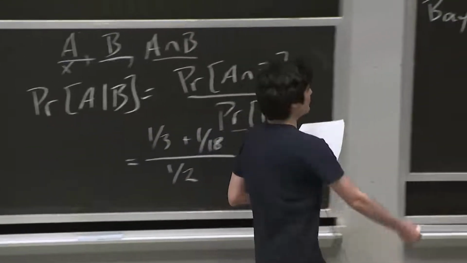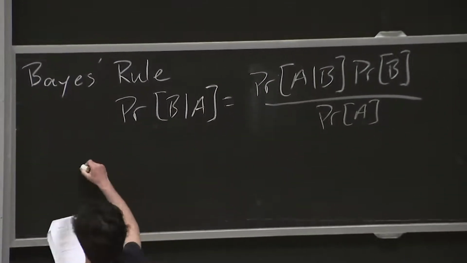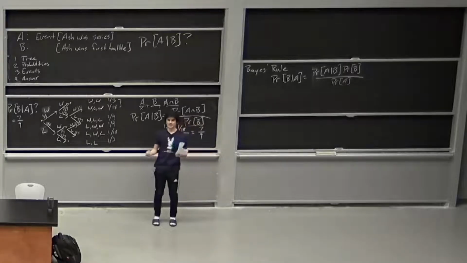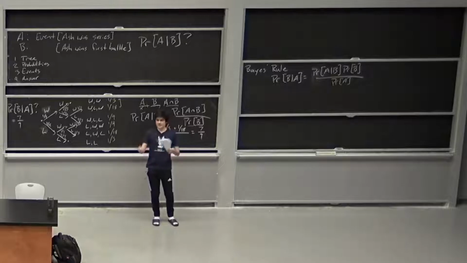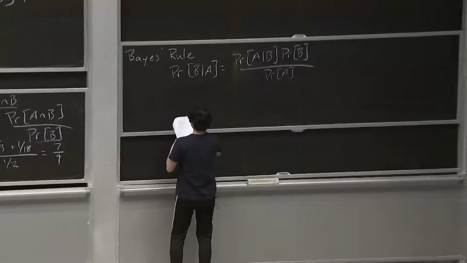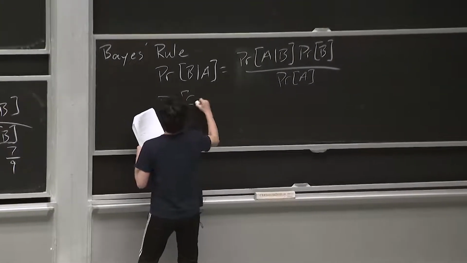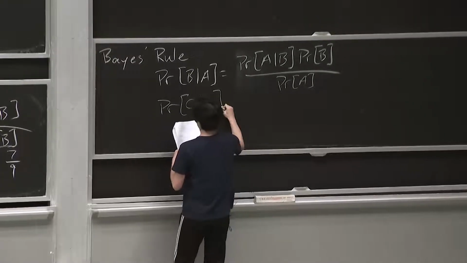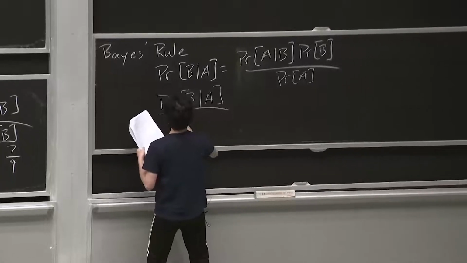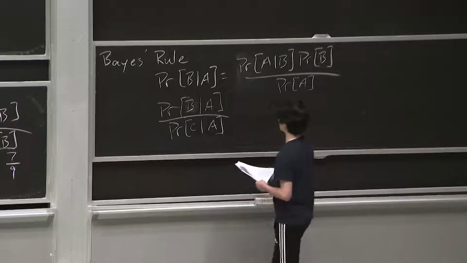And one particularly useful consequence of this is the following. Suppose we have two events, B and C, and we're trying to condition them both on the same event. Okay? So what is the probability of B given A, divided by the probability of C given A? Okay?